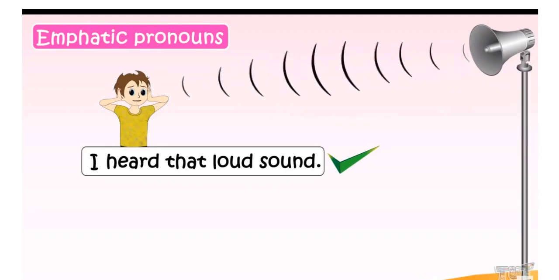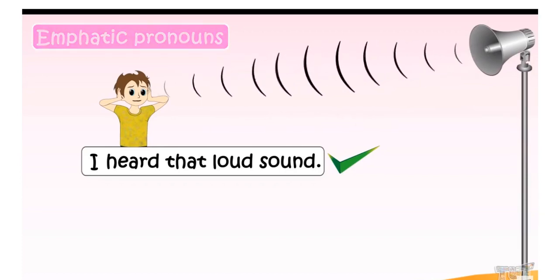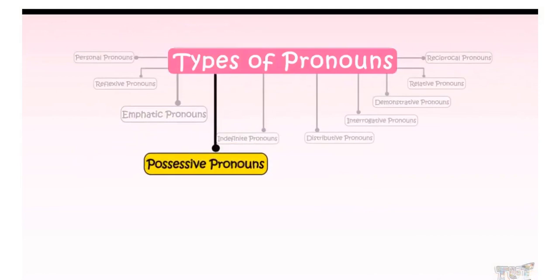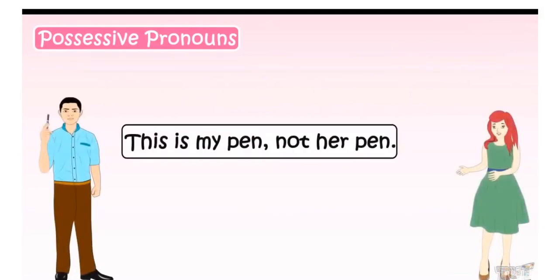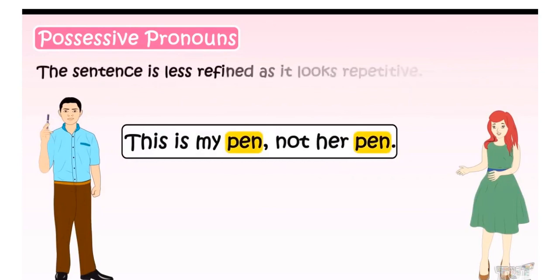Now next we will learn what possessive pronouns are. This is my pen, not her pen. You can see that the word pen is being repeated, and it makes the sentence somewhat less refined as it is repetitive.